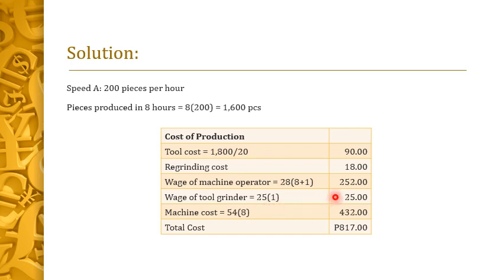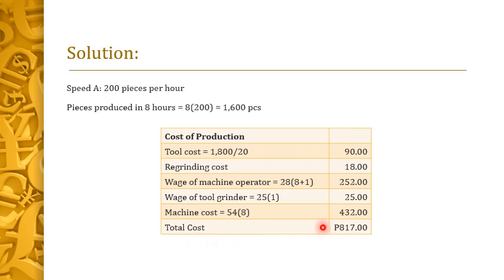This is equal to 25 pesos. The machine cost is equal to 54 pesos per hour times 8 hours, which is the operating hours of the machine. This is equal to 432 pesos.